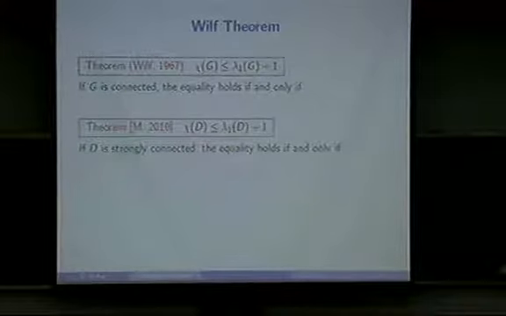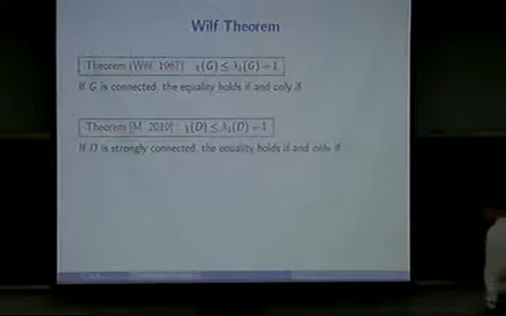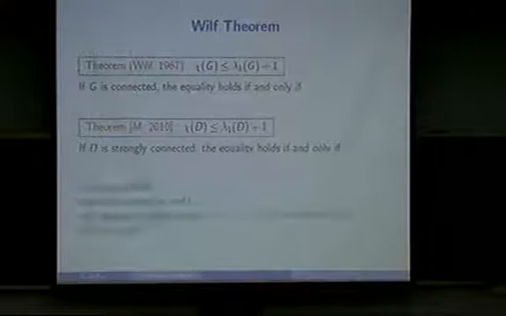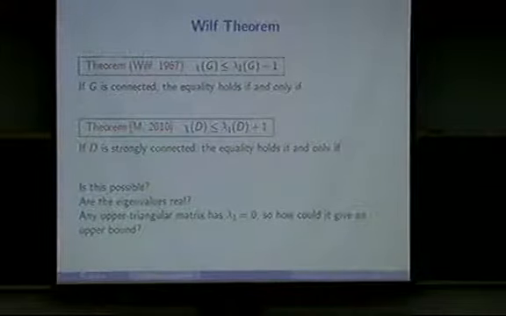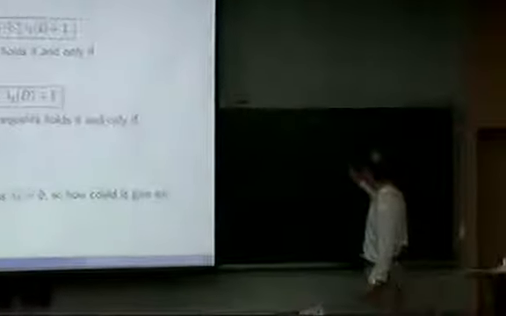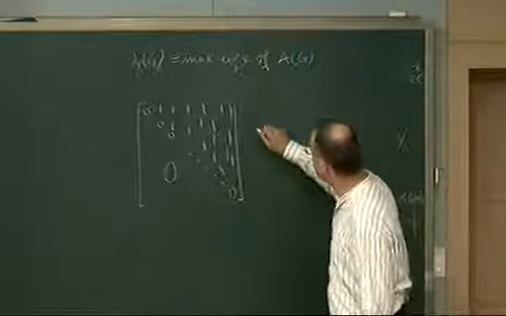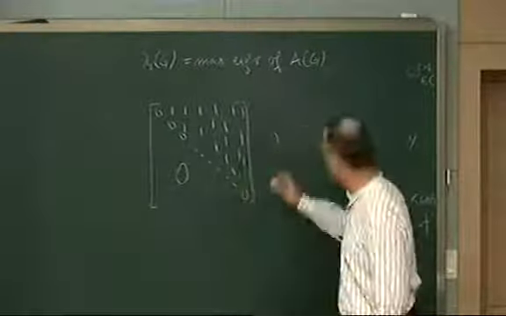Now, when you work with digraphs, it's a little bit strange, because my first thought was the following. If I have a digraph with the adjacency matrix, the adjacency matrix always has zeros on the diagonal, and then just take a matrix which has many ones in this part and all zeros here. Now this matrix has all eigenvalues 0, so the largest one is also 0.